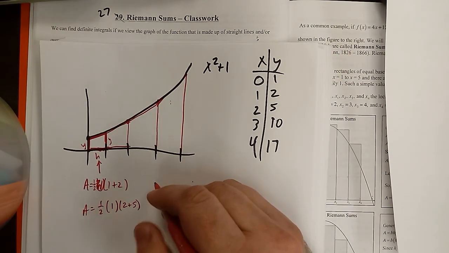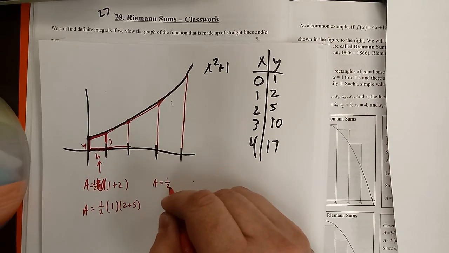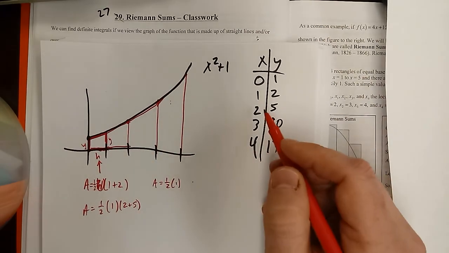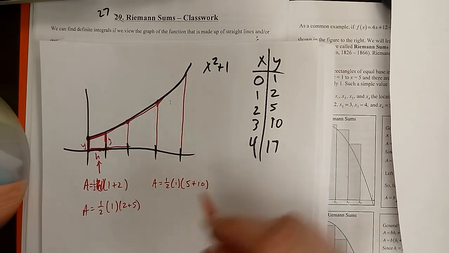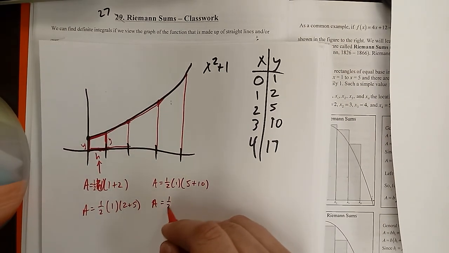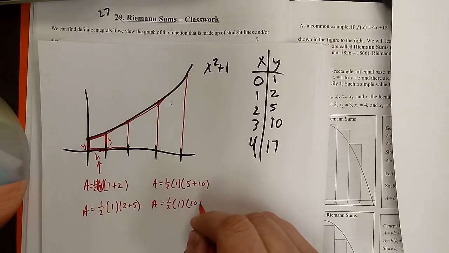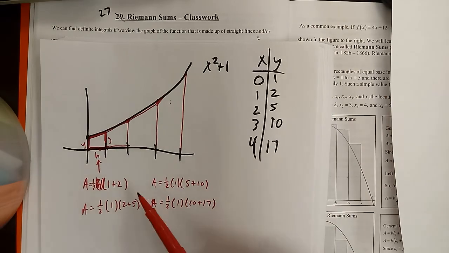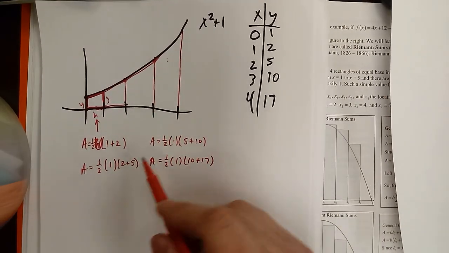And then the area of my third one, well, the height's still going to be 1, and the bases are 5 and 10. And then the last one, 1/2 times height, still 1, 10 and 17. So we wind up having all these little areas to add together. Check this out, though.